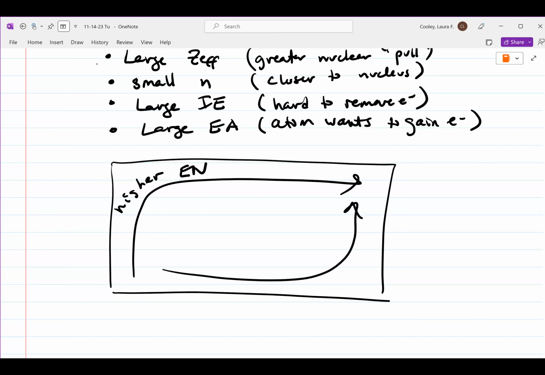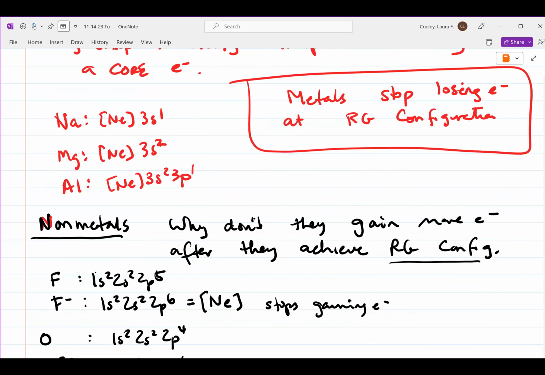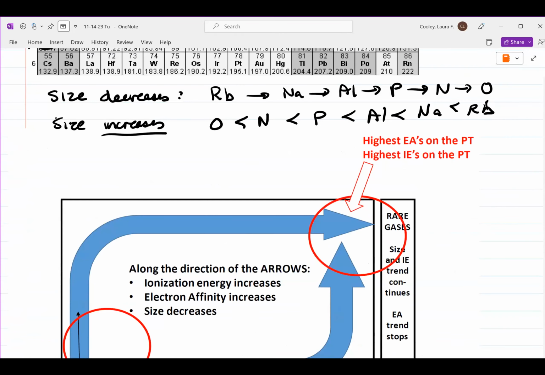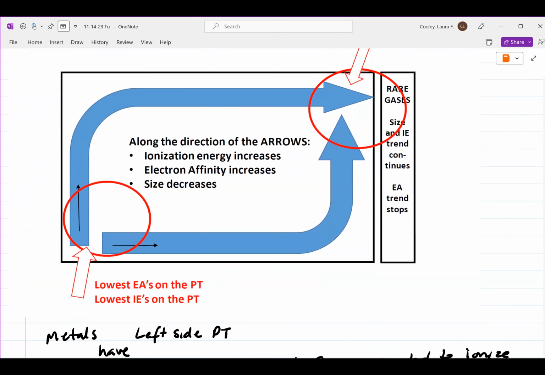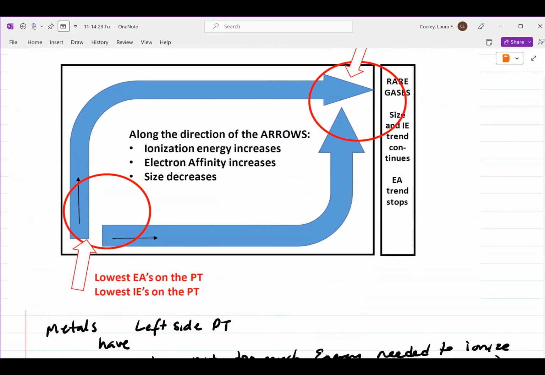These same arrows you can use for electronegativity, except for one thing I want to mention: you have to leave the rare gases out. If you look at the handout that I gave, you can see that last column. I didn't point it out at the time because there were too many other things to talk about. These blue arrows here, notice I have a column here for the rare gases.